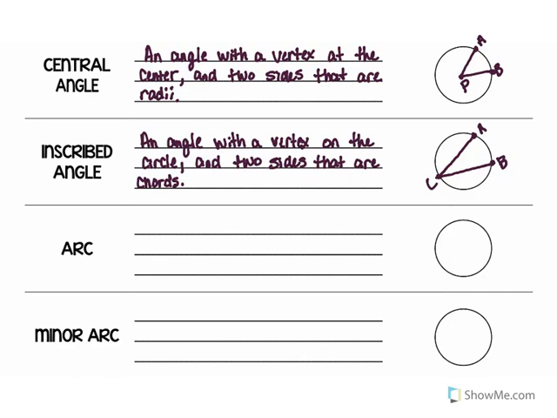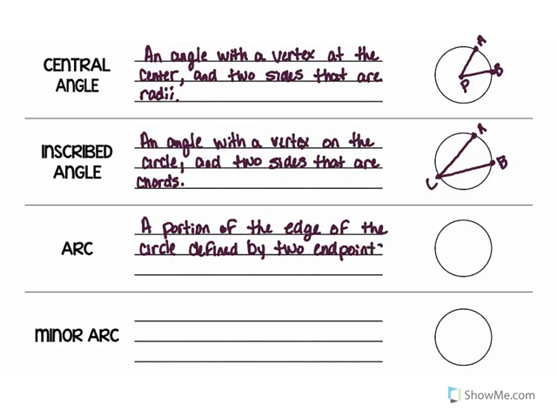So an arc is a portion of the edge of the circle defined by two endpoints. And we have a new symbol here, and it looks like this.